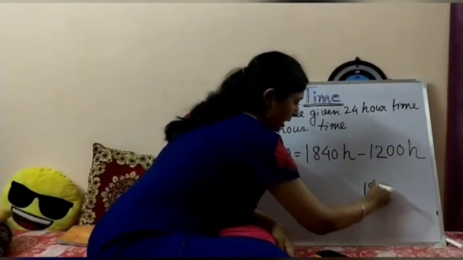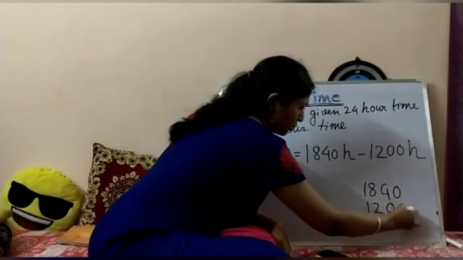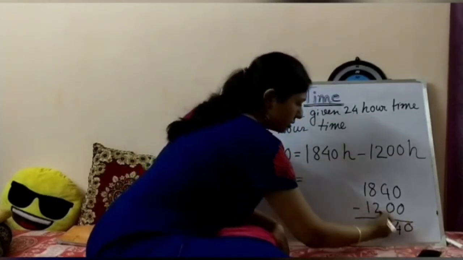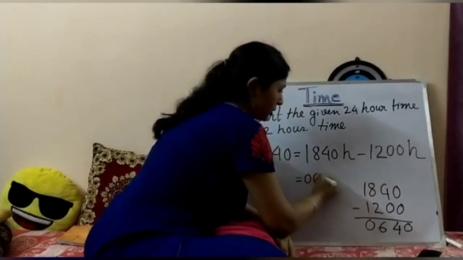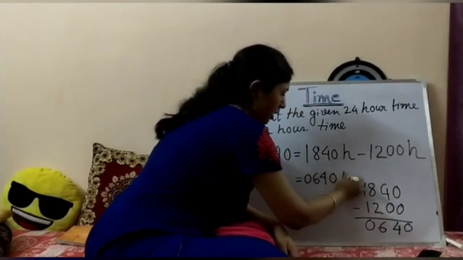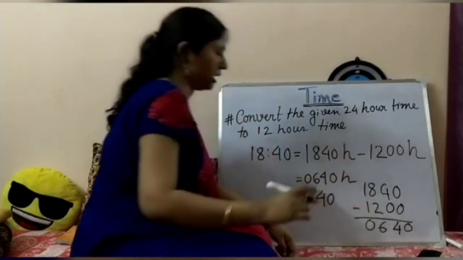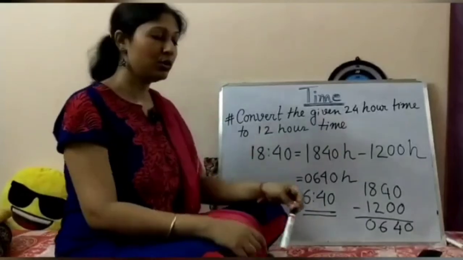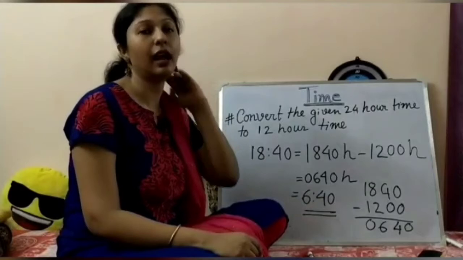So 1840 minus 1200, it will come 0460. So my result will be 0640 hour, or we can write 640. This is the way we can get our result. So that is very easy to convert 24-hour time to 12-hour time.